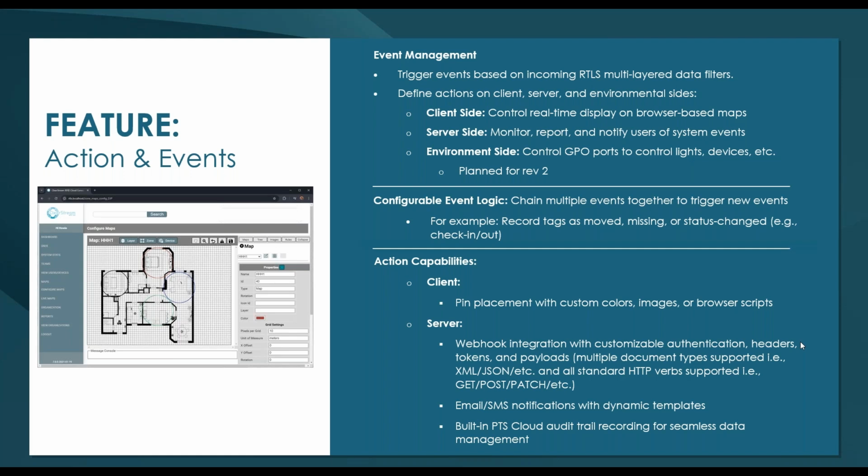So when you have a tag transaction come in, typically a tag read, you can say, if it's this ID, I want to fire this event. If it's this power level, I want to fire this other event. Those events are completely defined by you. There's no limit to the number of events, and each of those events can have an assigned action. And the performance of those actions and how they fire is based on what type of event it is.